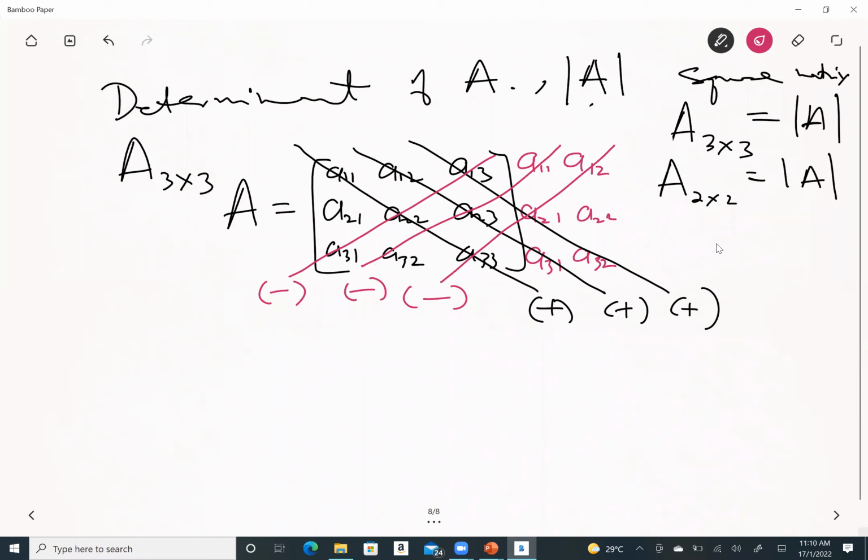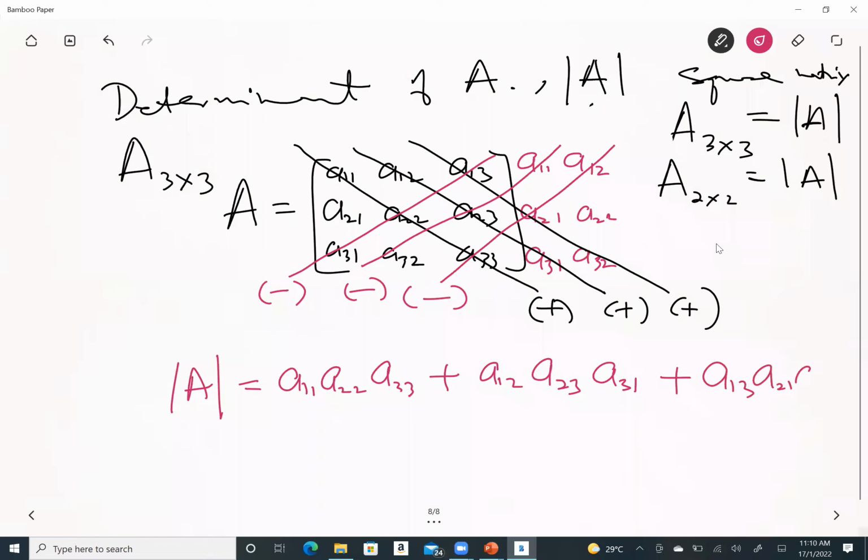Okay, so what you will get will be the following. The determinant of A will be equal to A11, A22, A33, add A12, A23, A31, add A13, A21, A32, and then minus the others.